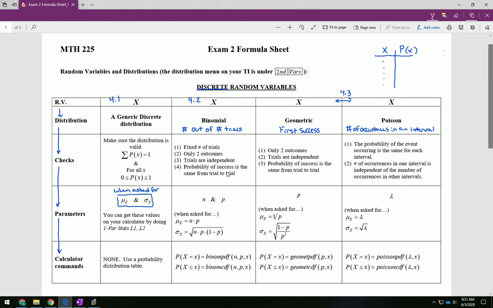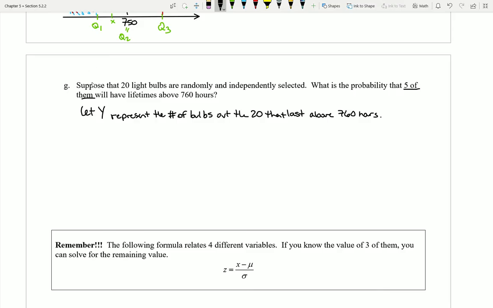Well, to see that, let's flip back to the notes and try to write out some of this detail. I'm going to see here that y does indeed have a binomial distribution. And I know it has n equaling 20, and p is kind of a mystery value. Now, to find that value of p, we need to know what is the probability that a light bulb lasts over 760 hours.